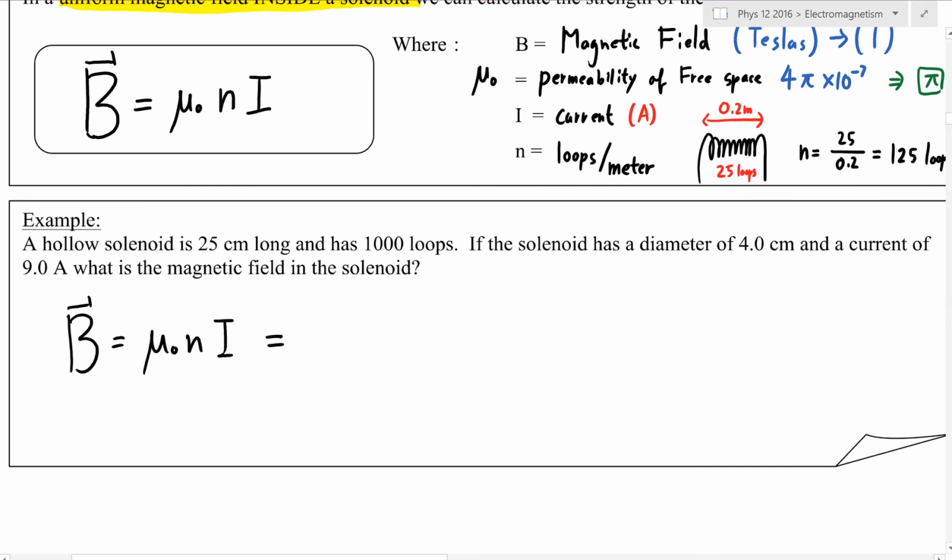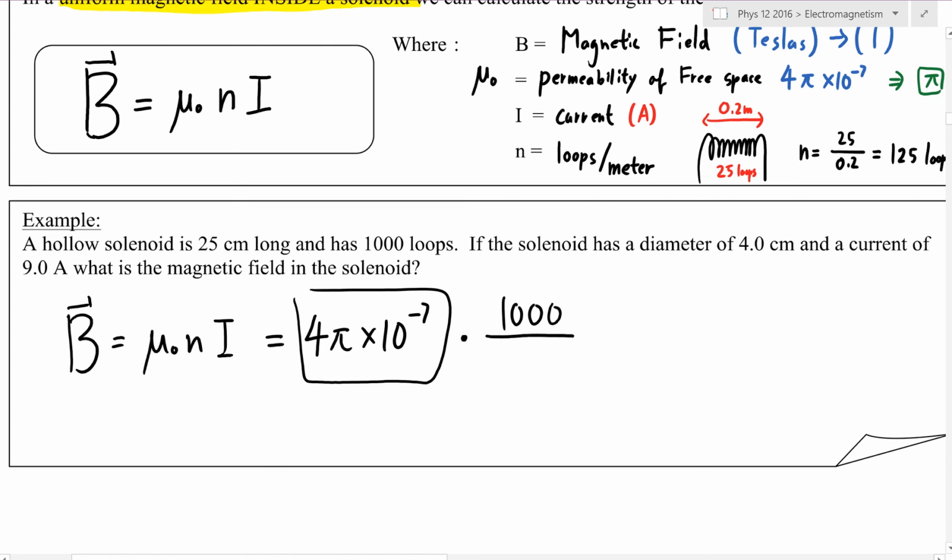So we want B of the solenoid, and it's equal to mu naught times little n times I. Mu naught is the permeability of free space, which is 4 pi times 10 to the negative 7. I know when I put it in, I have to be careful about this number. Multiply by loops per meter. I have 1,000 loops, so put 1,000 first. Centimeters have to change to meters, so 0.25 meter.